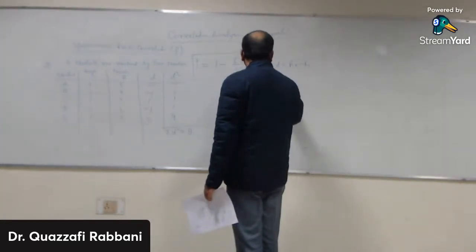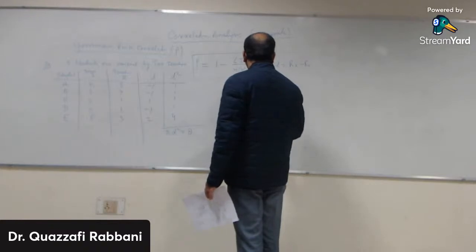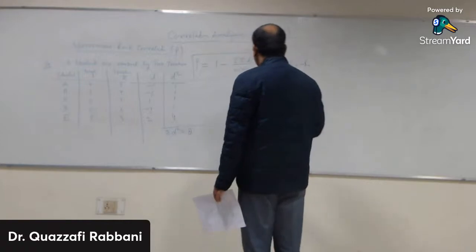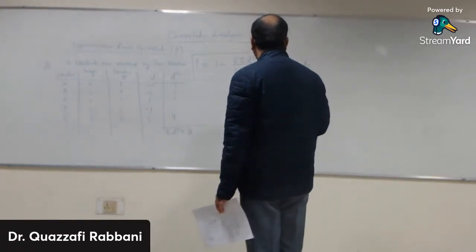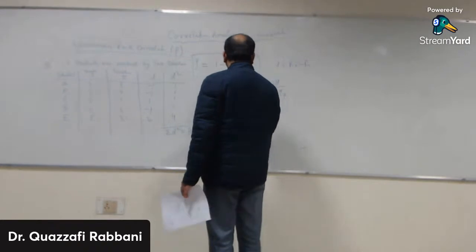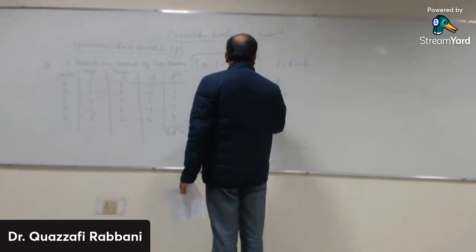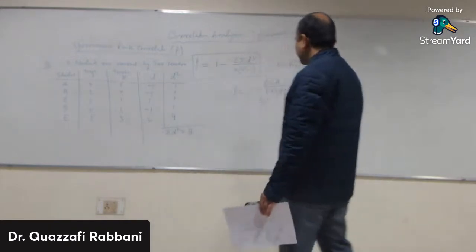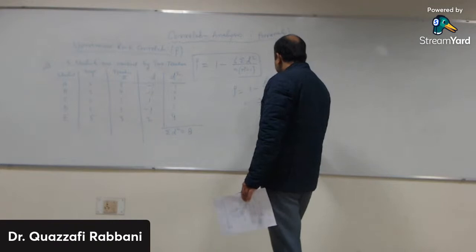Solving this, 5 minus 2 is 3 by 5, which is 0.6.